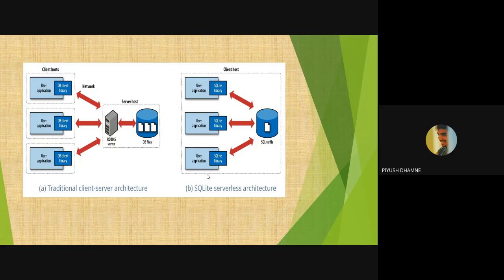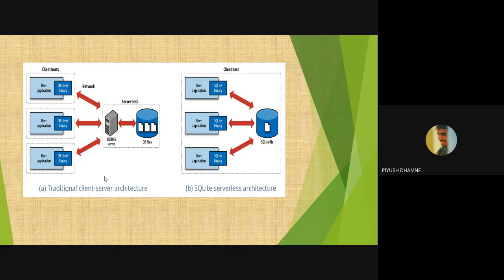So here is the example, that is traditional client-server architecture and SQLite serverless architecture. Traditional databases are based on client-server architecture. Database files are not directly accessed by client application but via a database server. SQLite takes a different approach.